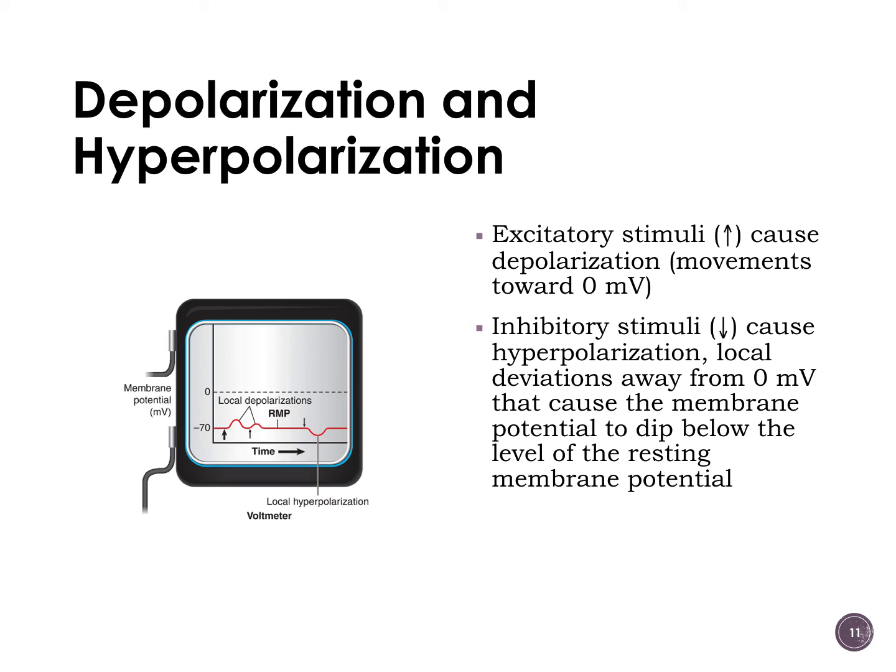Now, the inhibitory stimulus is going to cause hyperpolarization. Those are local deviations away from 0 millivolts that cause the membrane potential to dip below the level of the resting membrane potential. You can see this also here as the local hyperpolarization is depicted on the right side of this image.